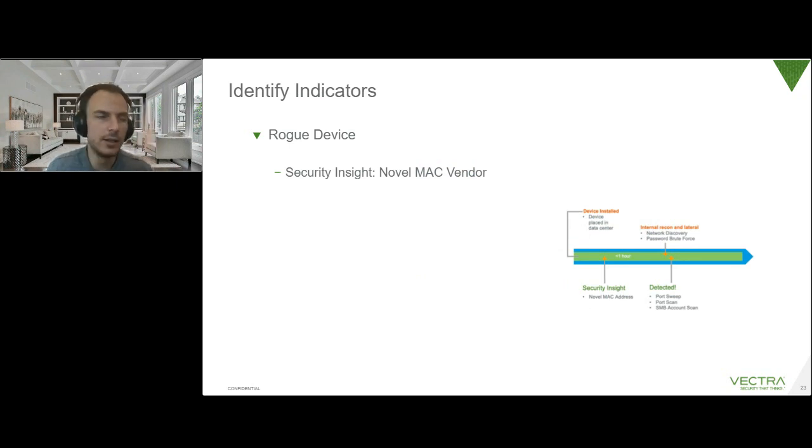So we may start out here with saying, okay, well, novel MAC vendor. That's a security insight. For those of you who aren't familiar, security insights are info detections in our Detect platform that basically say it by itself is not a strong indicator of compromise, but it's very useful context, right? So maybe at this point you're saying, well, I disagree. I think novel MAC vendor is a great example of something that I want to be alerted upon.